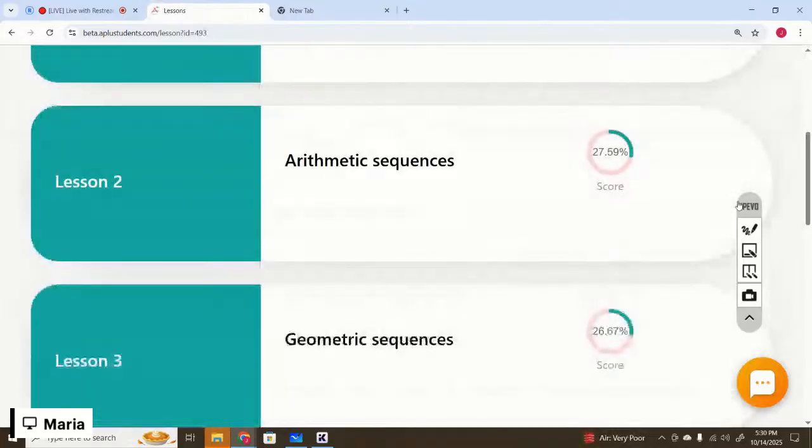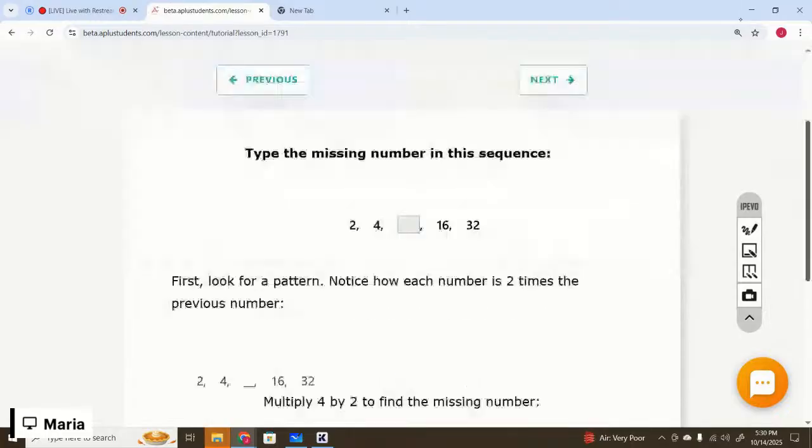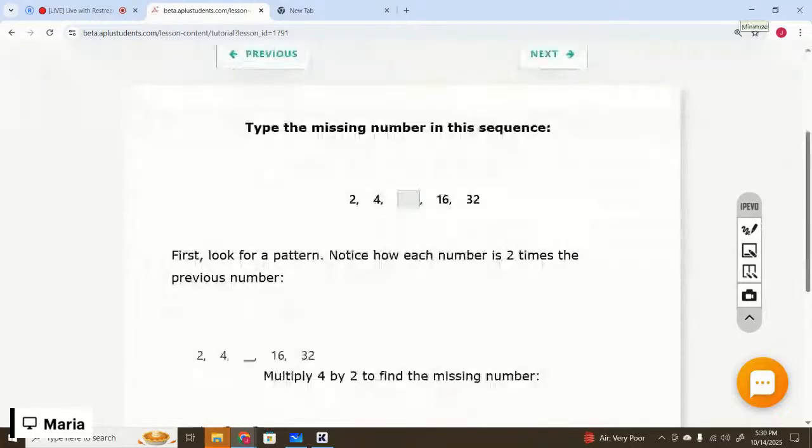The next lesson is geometric sequences. So the geometric sequences are the sequences in which each term is found by multiplying the previous number.